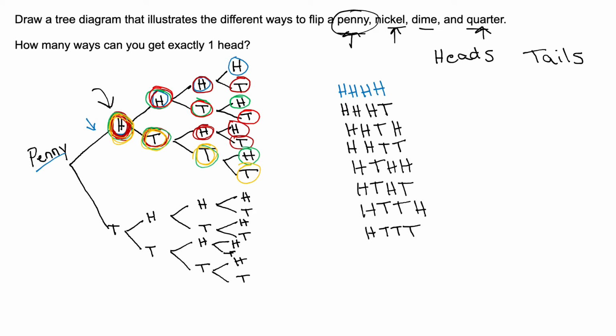Now I'm going to take care of all the outcomes if I were to flip a tails on the penny first. So I have tails, heads, heads, heads. Next, I have tails, heads, heads, tails.